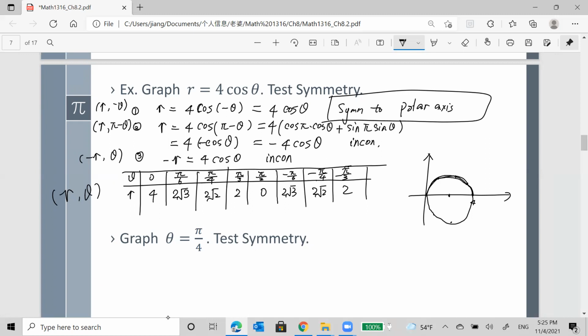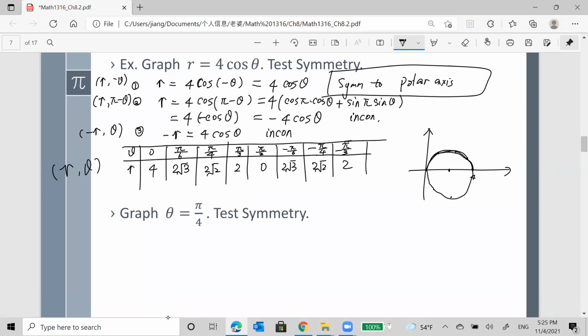Just pick 6 points and then line them up like a circle. Or you just draw a circle, and the center is 2 because from here to here is 4. The center should be here. The distance from here to here is 4. The radius is 2.